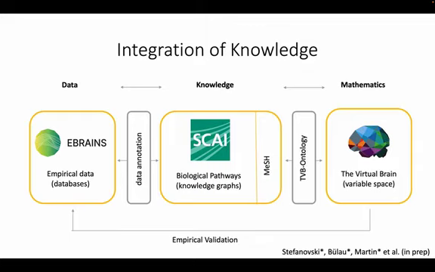And how could this be the case? So first we start with the data, and modern databases often are already organized in the form of a knowledge graph. So for example, EBRAINS, the database of the Human Brain Project, contains a knowledge graph that describes all the data that is stored in this database and makes it more accessible so that you can actually get access to, in particular, the data that you are looking for and that you need for your research question.